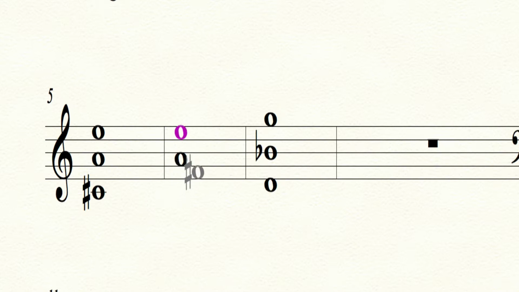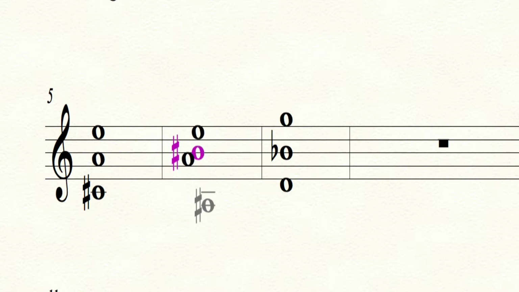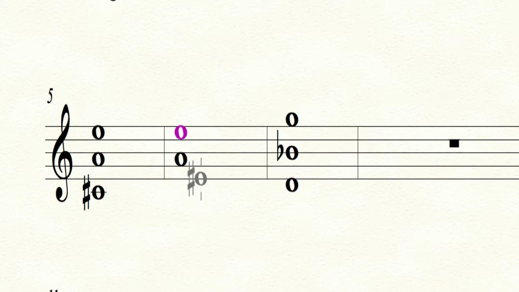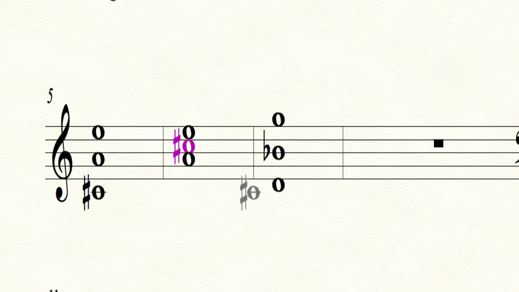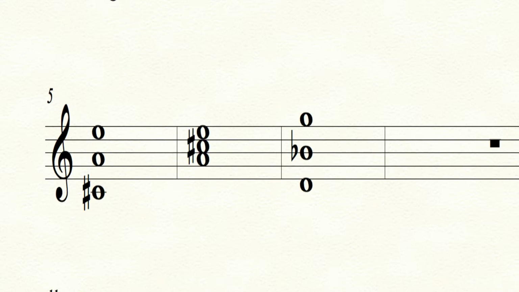Oh, remember, every good boy does fine, and F-A-C-E. C sharp is right in the middle. Whoops, I messed up. I put it in the wrong spot. Here's C sharp. Okay, now I've rearranged those notes so that they're all on spaces. This chord here and this chord over here are exactly the same chord.